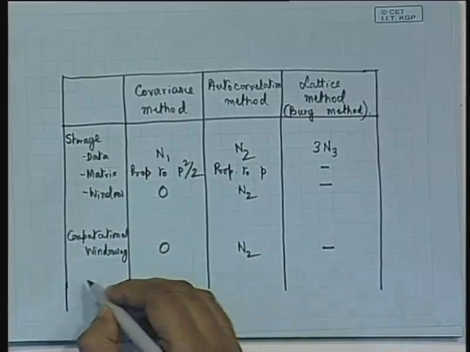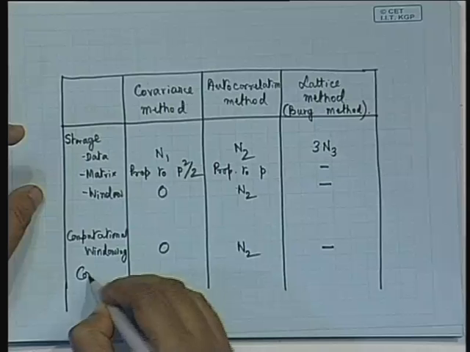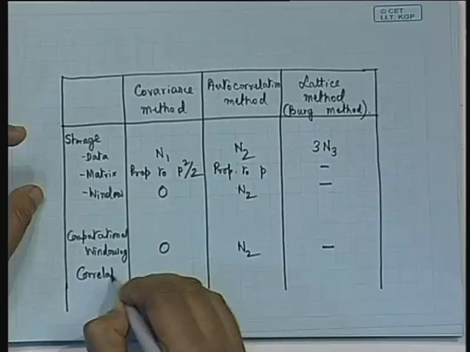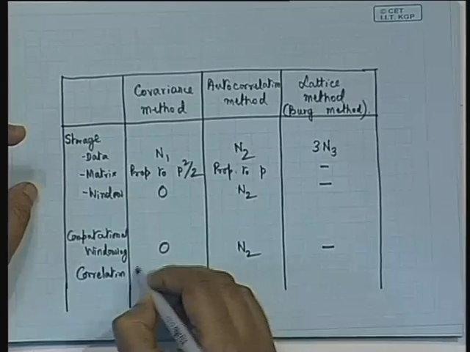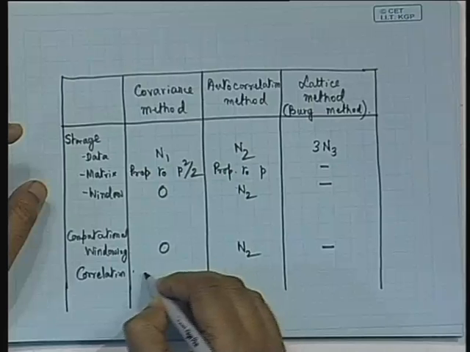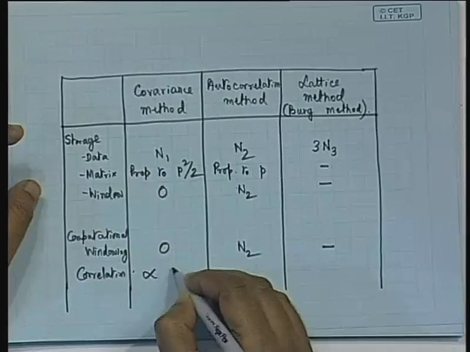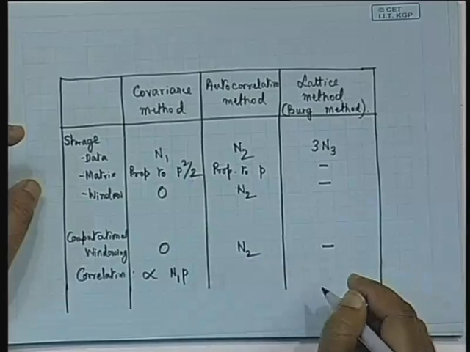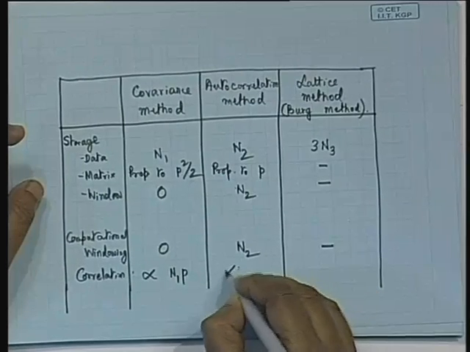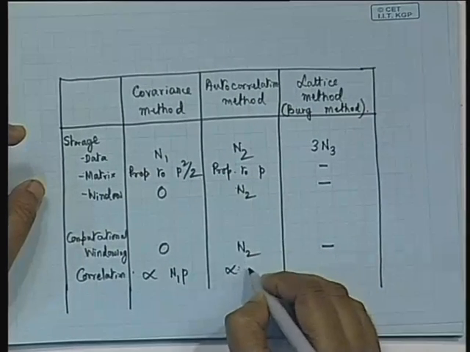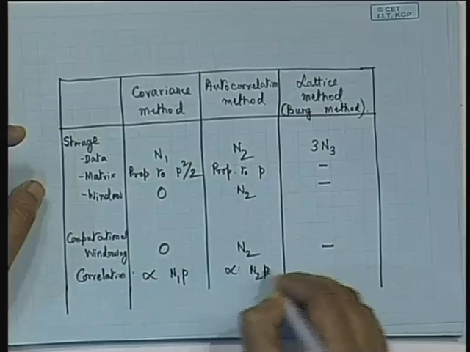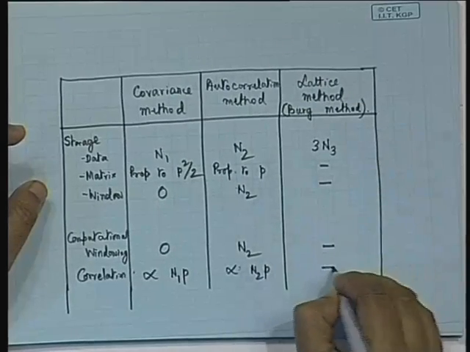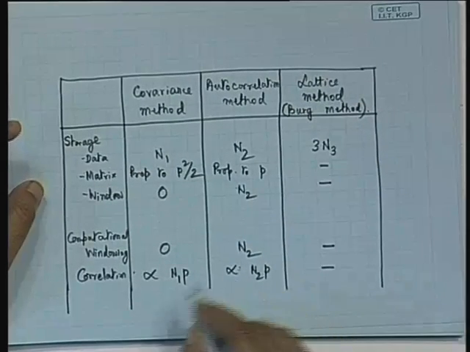And then regarding the correlation, the covariance method has the correlation computation proportional to N1 into P, for the autocorrelation method it is N2 into P, and there is no correlation computation for the lattice method.